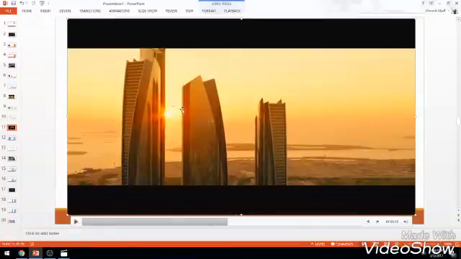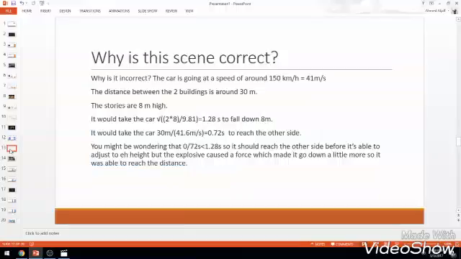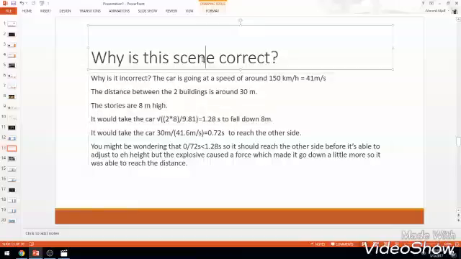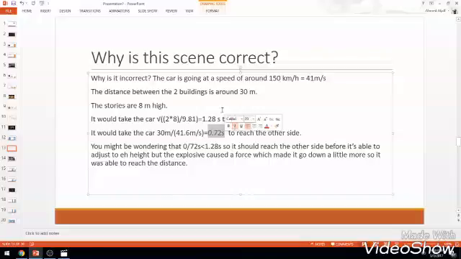This is around 8 meters high. So, it would take the car 1.28 seconds to fall down, because the square root of 2 times 8, this story's height, divided by 9.81, the gravitational acceleration, equals 1.28 seconds to fall down 8 meters. It would also take the car 0.72 seconds to reach the other side.